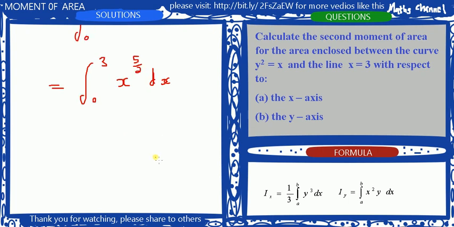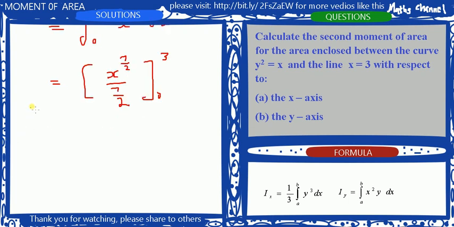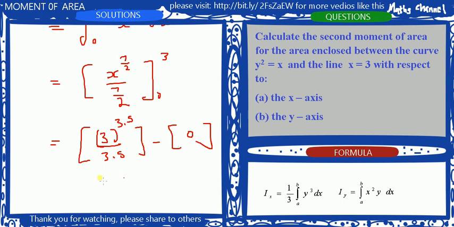Then integrating this one, you have x to the power 7 over 2 divided by 7 over 2, with limits 0 and 3. Substituting those values, you have 3 to the power 7 over 2 over 7 over 2, and substituting the 0 part, it will be 0.